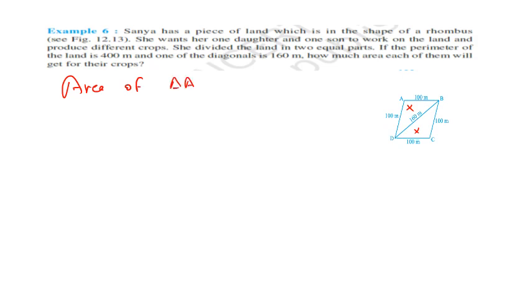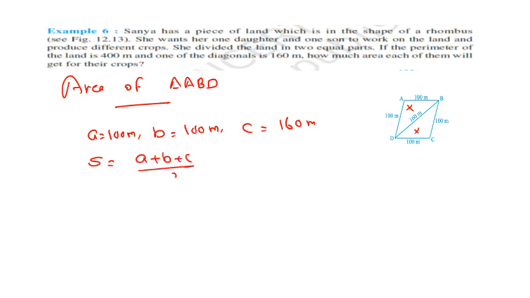Area of triangle ABD. So A is equal to 100 meter, B is equal to 100 meter, C is equal to 160 meter. So these are the sides. So what is S? S is equal to A plus B plus C by 2.